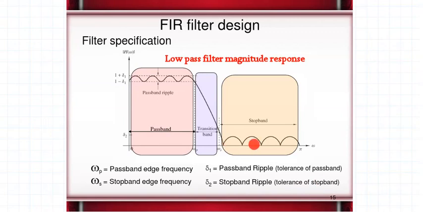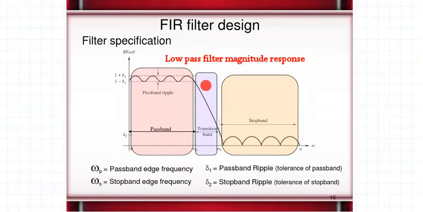This is the stop band characteristics, and omega S indicates the stop band edge frequency, or indirectly the stop band cutoff frequency. So omega S is the stop band edge frequency, omega P is the pass band edge frequency.